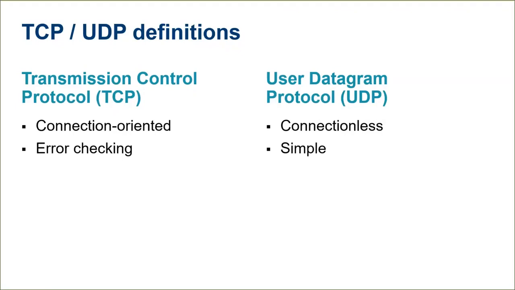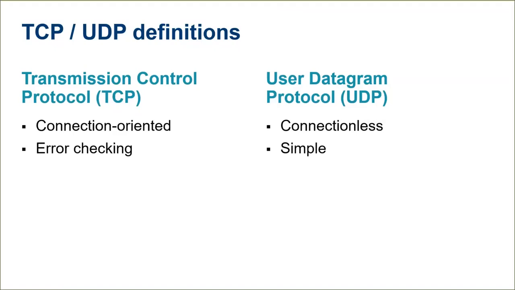Compare that with UDP, or User Datagram Protocol, which relies on a simpler transmission method with no handshaking and no error checking between the server and the client applications. And just like TCP, it lives on the transport layer. So UDP provides a broadcast mechanism where data packets are sent out on an Ethernet network, but no error checking or validation is done on whether the data arrived at the destination.